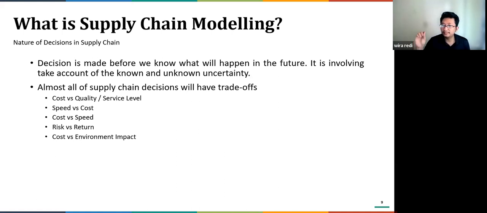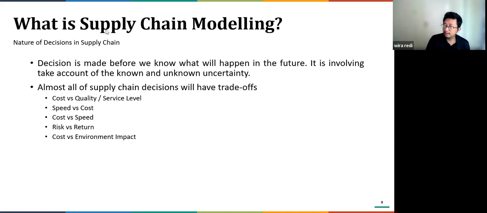Let's say you have a higher investment, so it may have a higher risk. However, the return for that investment may be higher. So what you actually want is lower risk but higher return, which sometimes is not possible.